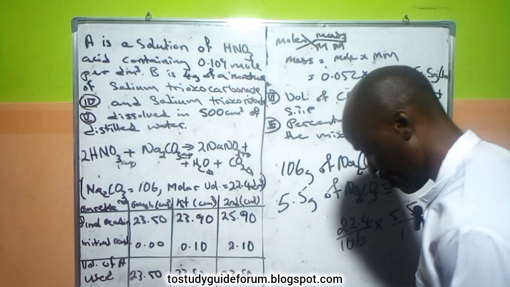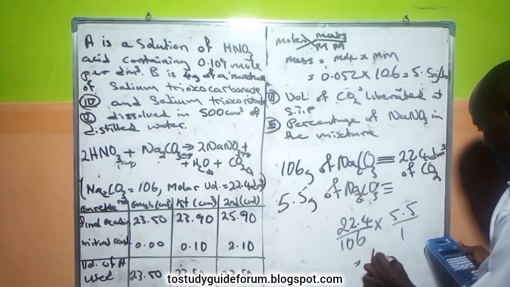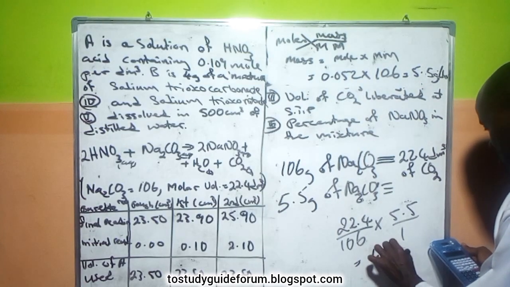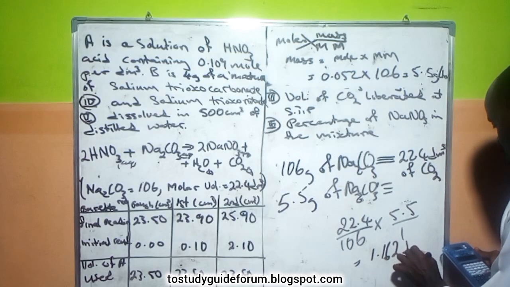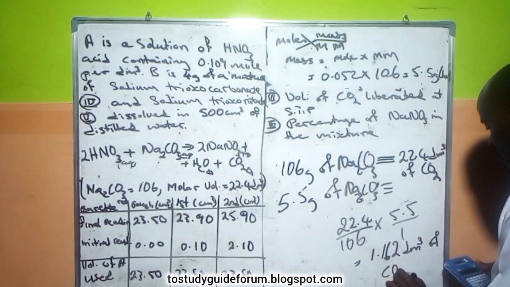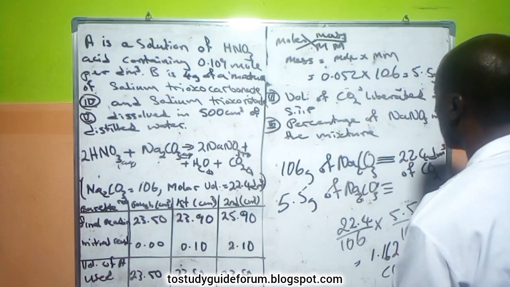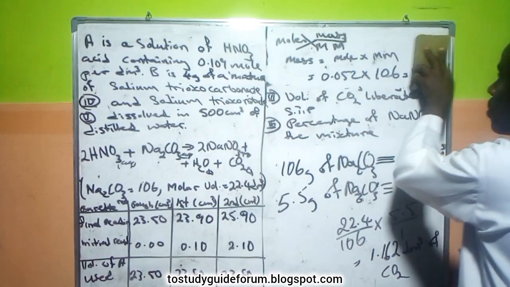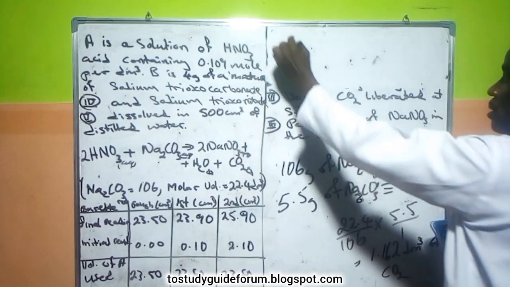So what we have here is approximately 1.162 dm cube of what? Carbon 4. Now, if you want to convert it to cm cube, you multiply by what? 1000.